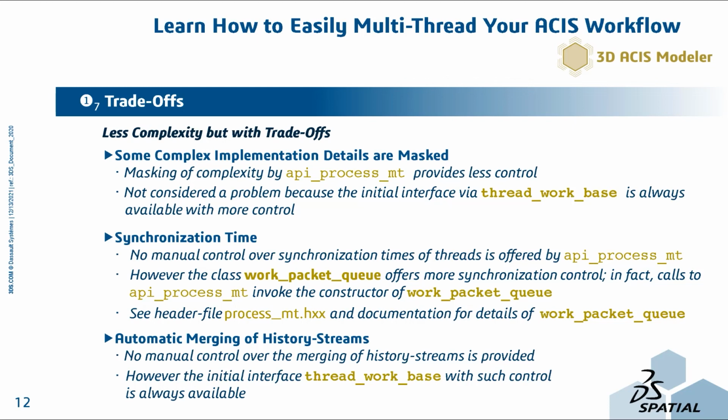The new header file, processmt.hxx, in the ACIS package has full implementation details of Work Packet Queue. Second, for the automatic merging of history streams in each worker thread into the main thread, no manual control is offered by API Process MT. However, as mentioned previously, the long-standing interface, Thread Work Base, is always available for such control.